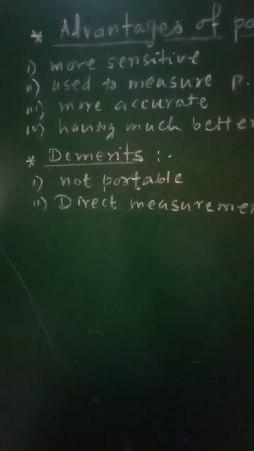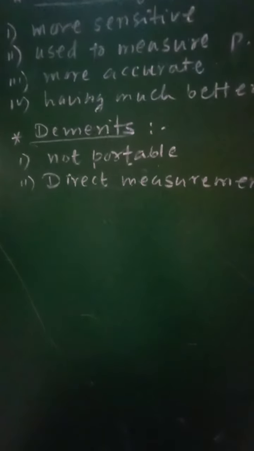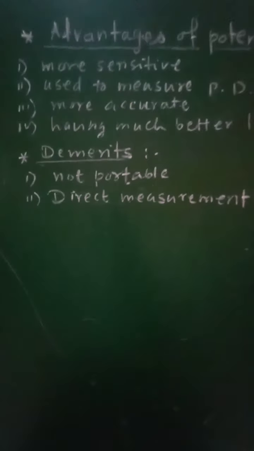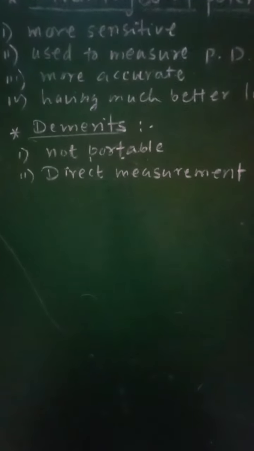But still the potentiometer has some demerits or disadvantages, and these are: the first one, the potentiometer is not portable. It is bulky and heavy, and therefore it is not portable. It is very difficult to carry it from one place to another. On the other hand, a voltmeter is portable.